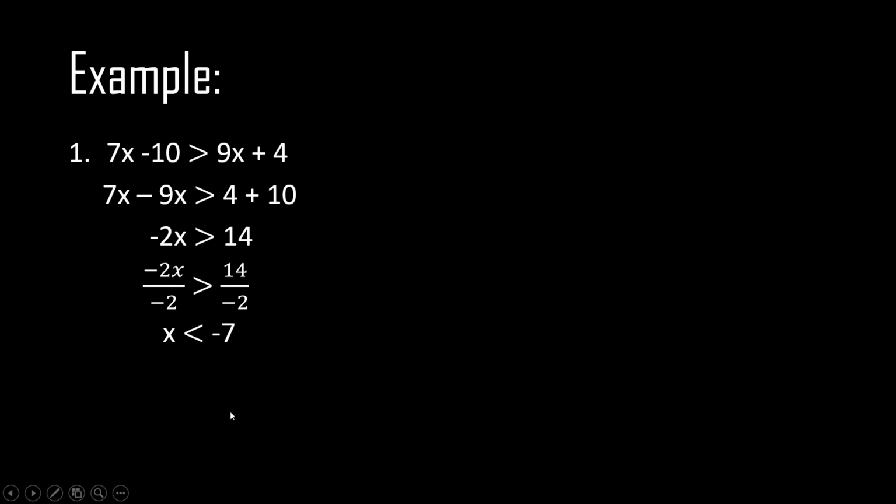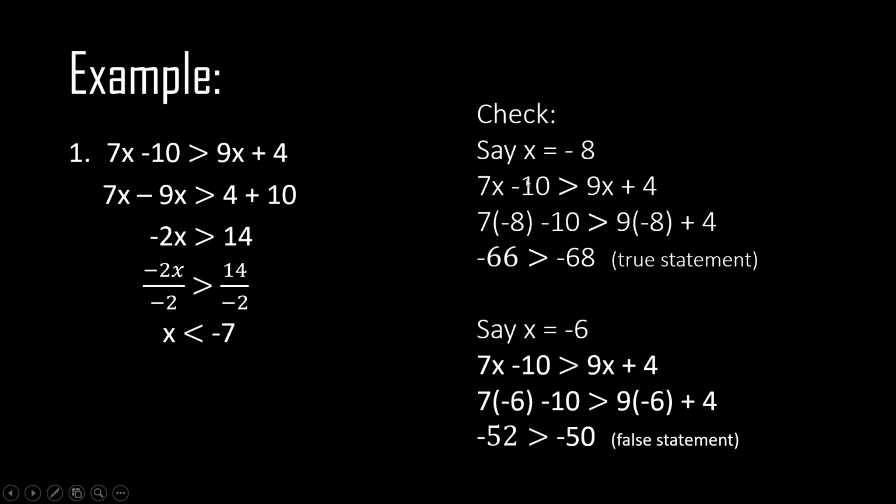So in this kind of problem, how can we check that our answer is correct? By checking, if we say that x is equal to -8, substituting it to the original equation, we get that -66 is greater than -68, which is a true statement.